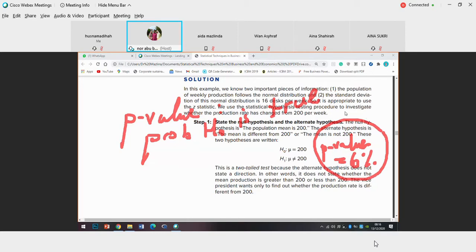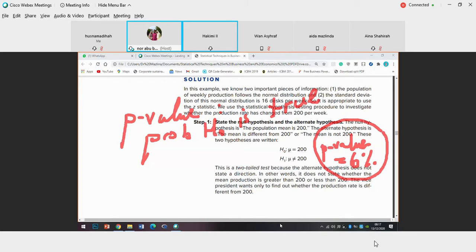Yang bijak biasanya nama Hakim ataupun Hakimi. Okey, Hakimi. 6%. 6% tinggi ke rendah? Six percent. Kalau saya bagi tahu, dengar tak dia? Macam mana?